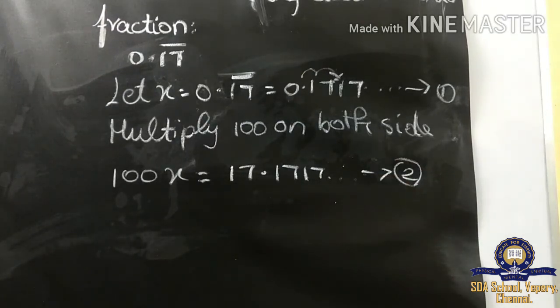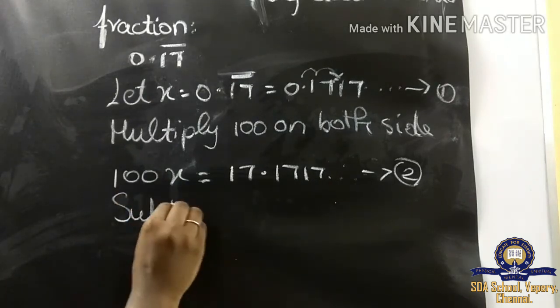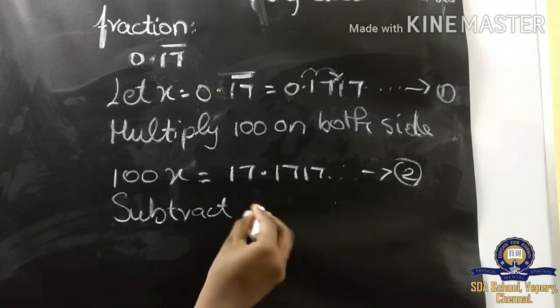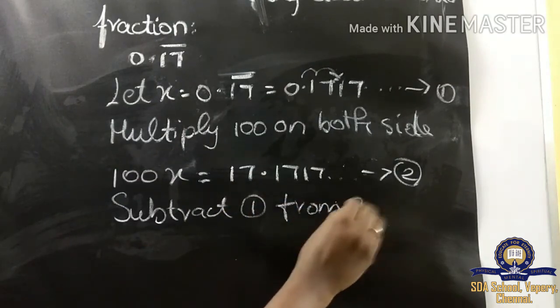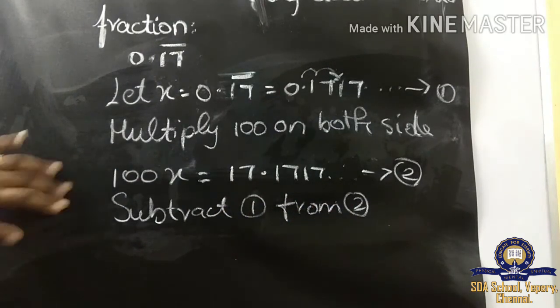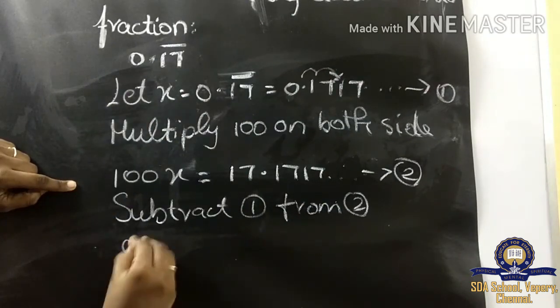So here we are going to subtract equation number 1 from 2. If you subtract 1 from 2, 100x minus x is 99x, right?